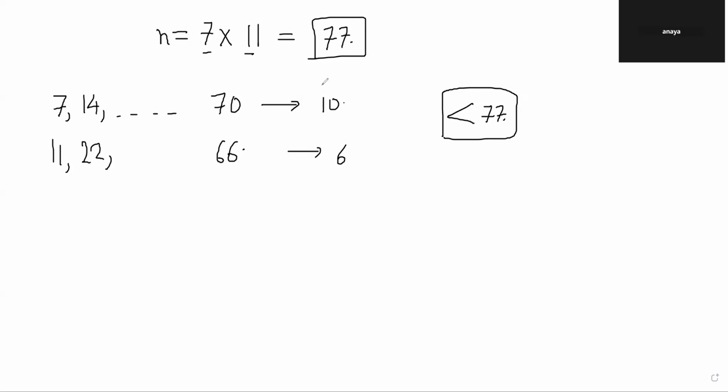So 16. Actually, it doesn't make sense to multiply 7 into 22. All of these numbers will become bigger if you multiply. So 16 are there here.